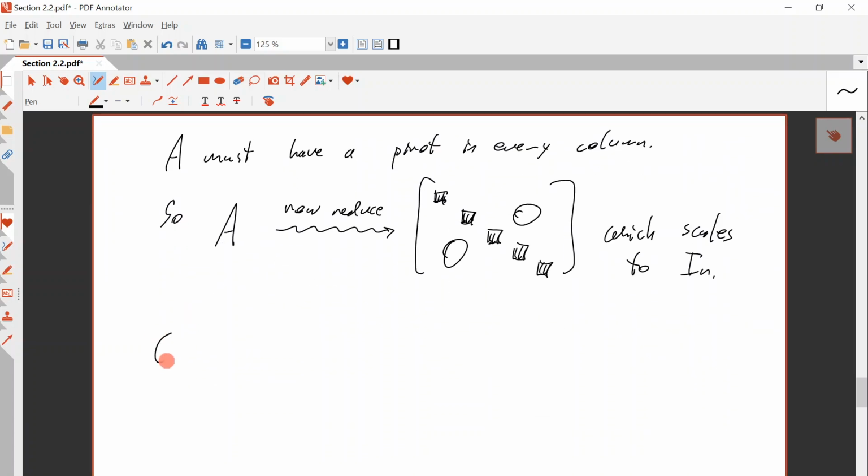Conversely, assume that A row reduces to In.